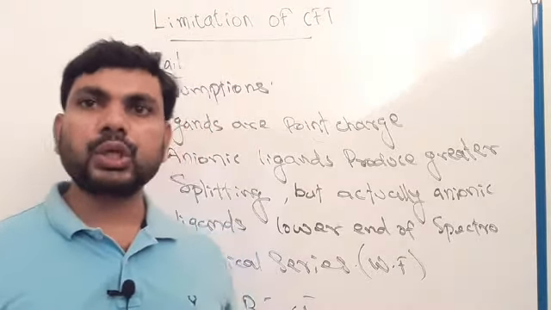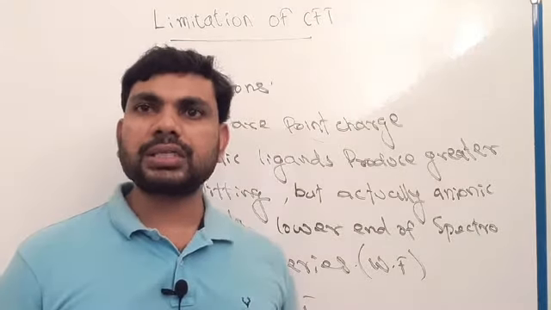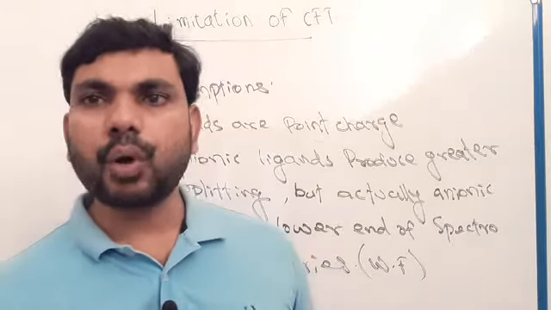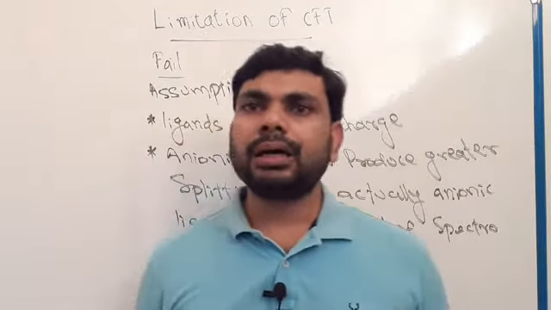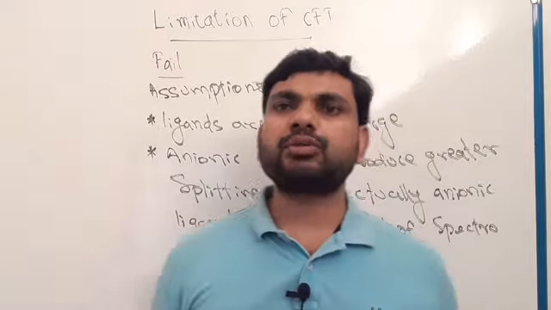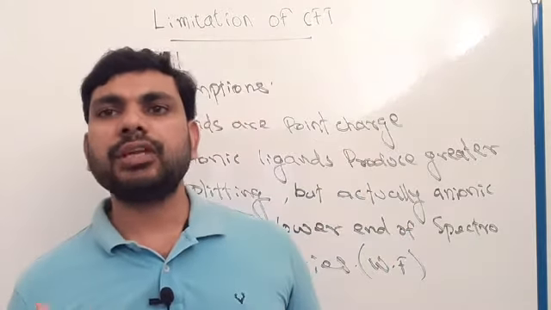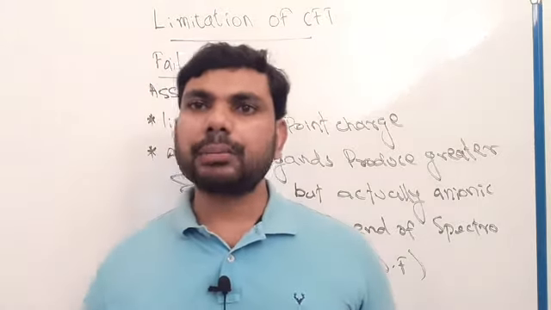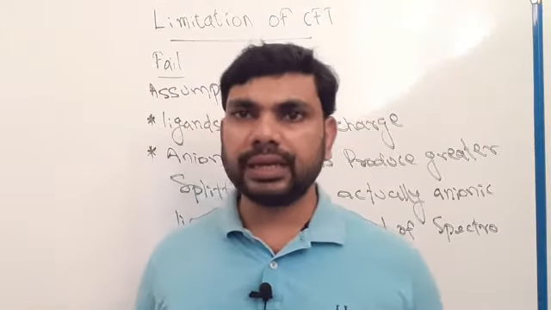These are some assumptions: here ligands are considered like point charges. But some of the negatively charged ligands are at the lower end of the spectrochemical series. They are weak field ligands.